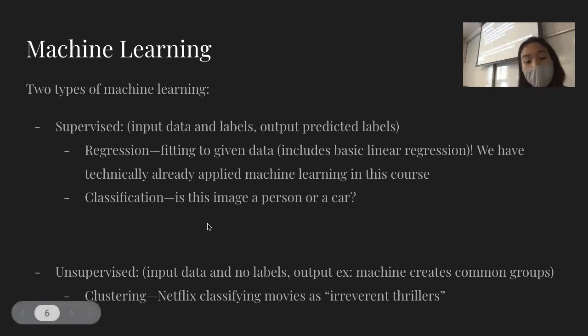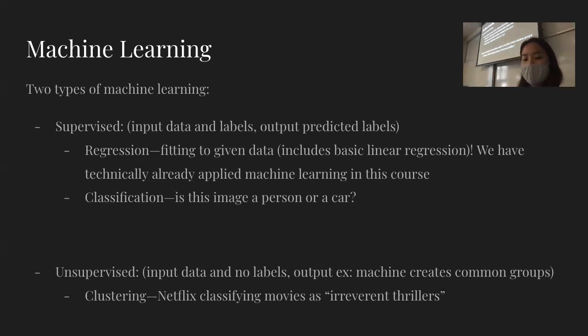Yeah, and so then for unsupervised, the main difference is that you only give input data to your model and no labels. So for example, you have clustering. And so if you notice, like Netflix classifies movies as like irreverent thrillers, and you're like, where are they getting this random label from? It's mostly because Netflix just does a lot of data analysis on the data and separates them into clusters.